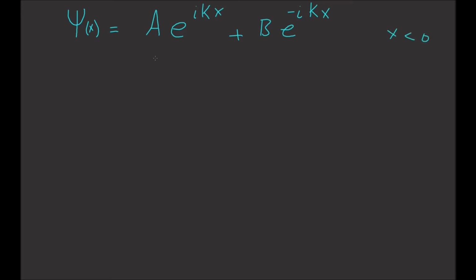And the solution for the Schrödinger equation where x is greater than 0 is F times e to the minus L x. This is x greater than 0.